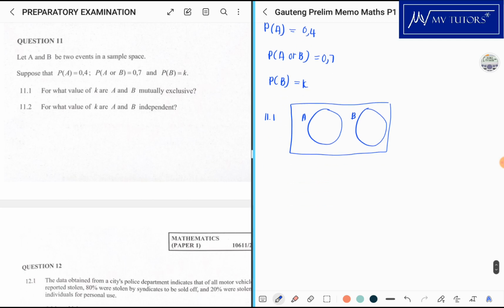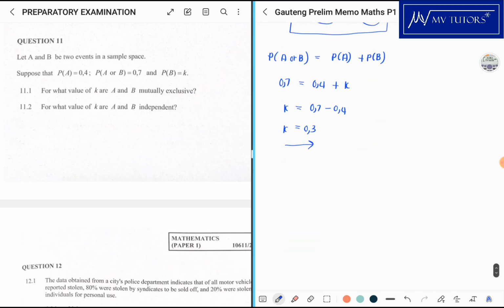So the probability of A or B is equal to the probability of A plus the probability of B. We know the probability of A or B is 0.7, the probability of A is 0.4, and that of B is K. So K is 0.7 minus 0.4, which is 0.3. I think that was straightforward.